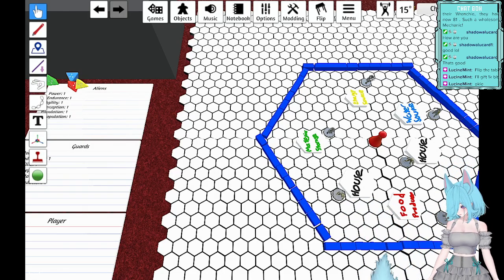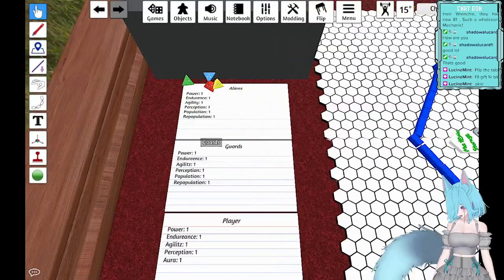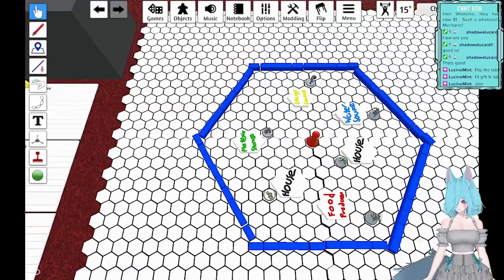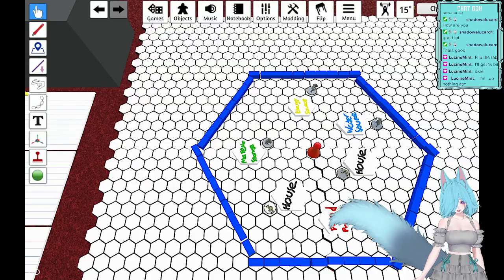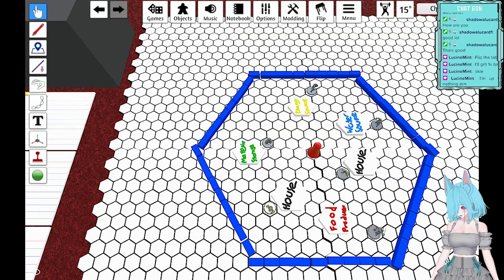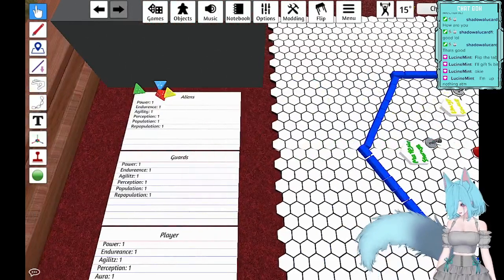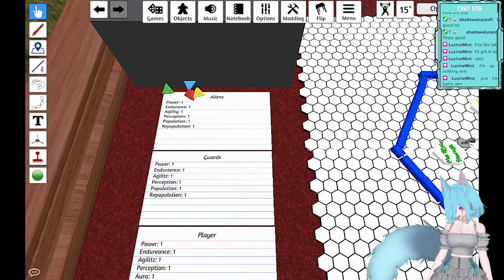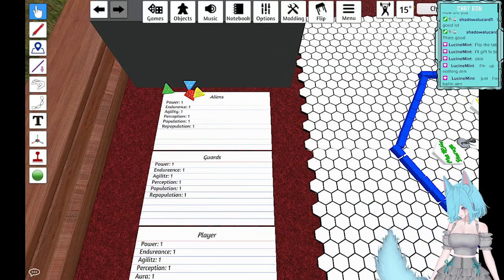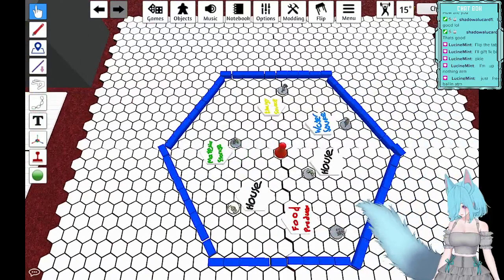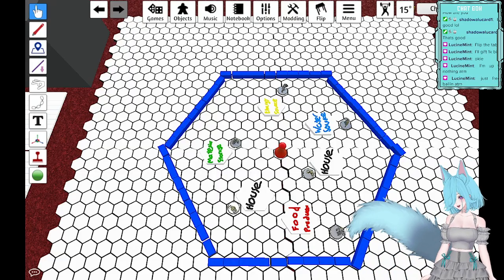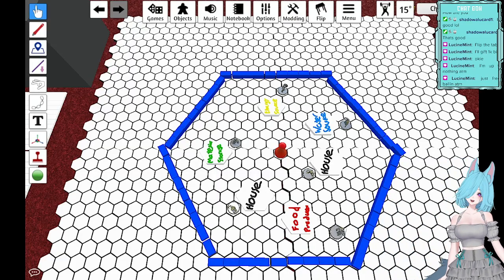So, the guards fight the aliens. Some of the guards will die, which gives us fewer guards to deal with, but all the aliens that don't die are going to attack us.